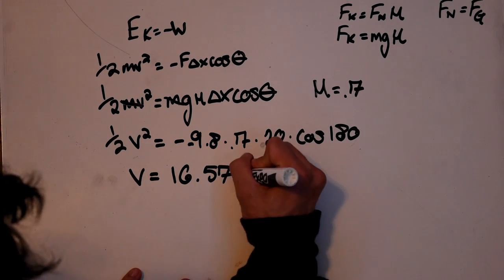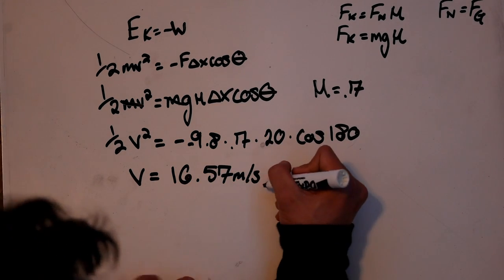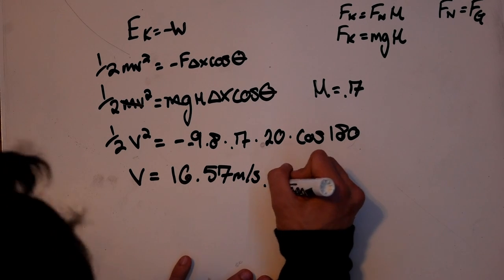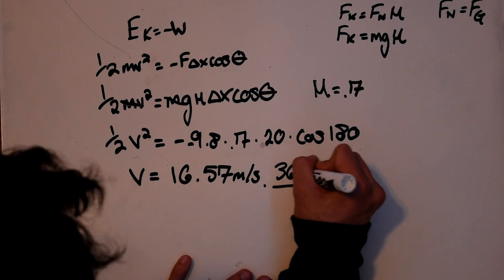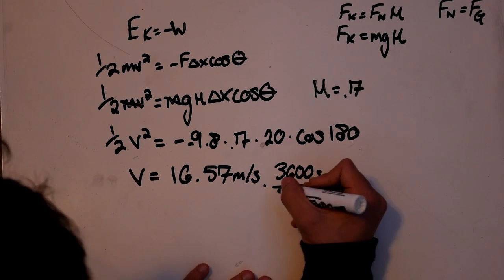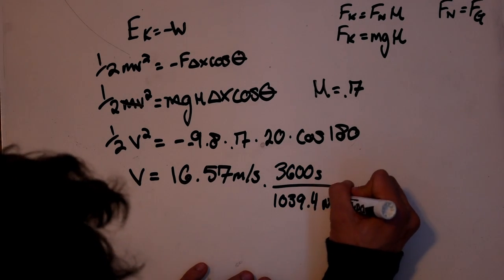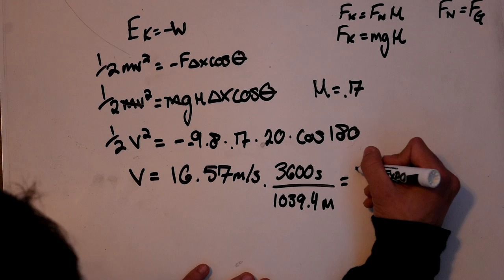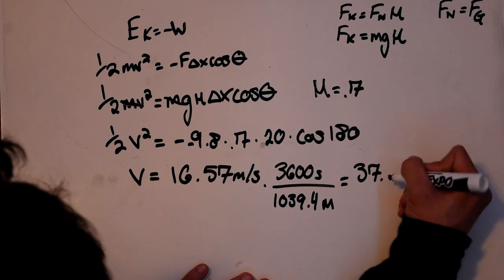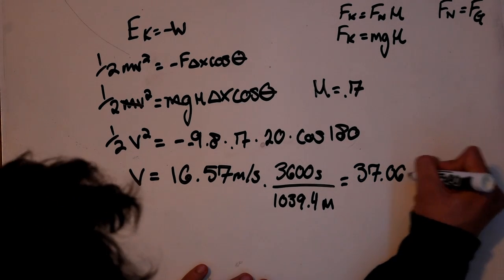To more easily compare this to the speed limit on 501, we will convert it to miles per hour. To do this, we take 16.57 meters per second and multiply it by 3,600 seconds over 1,609.34 meters to get 37.06 miles per hour.